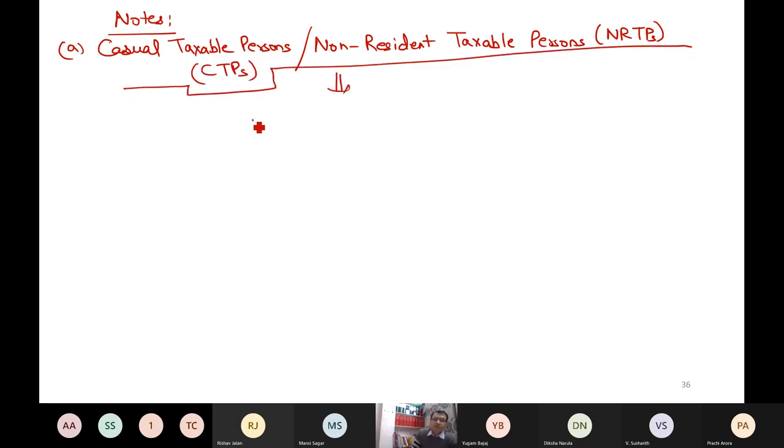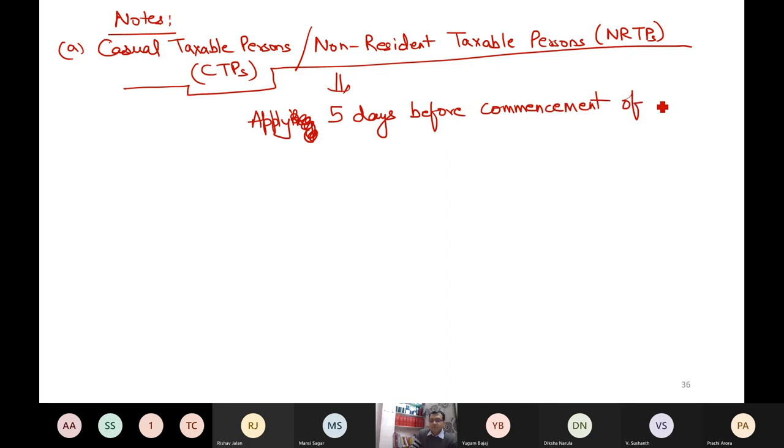In these cases, you should apply, in fact, before starting the business, five days before commencement of business. Five days before commencement. This is one point.